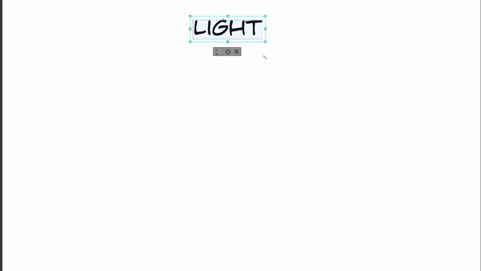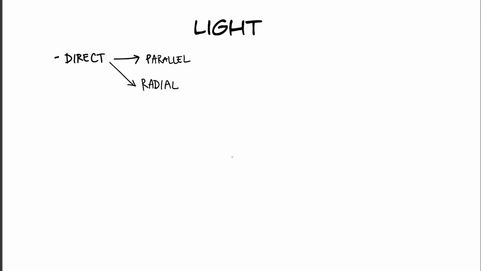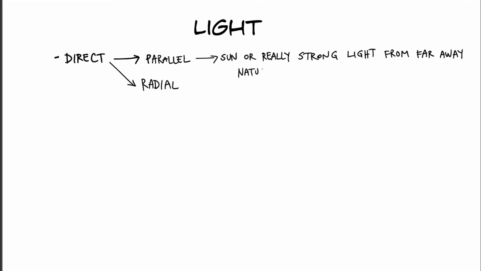So there are a couple of different light sources. We're going to look at direct lighting. There's two types of direct lighting. There's parallel light, which is sunlight or a really strong light from far away. Sometimes people call it natural light. And then there's radial, which is usually artificial light.